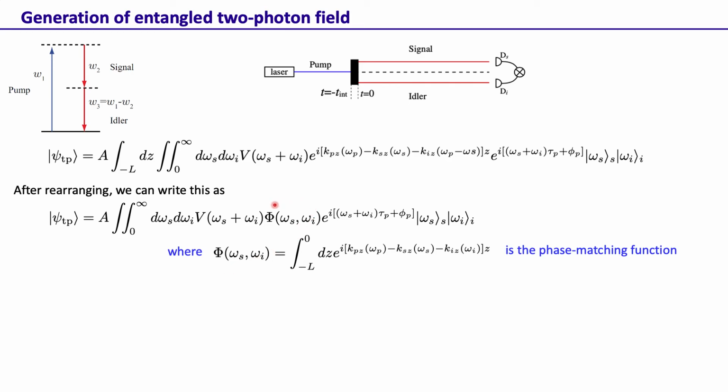This phase matching actually decides how efficient this down conversion process is. If the phase matching is close to 1, then this is a very efficient process. If the phase matching is small, then that reduces the efficiency of down conversion.